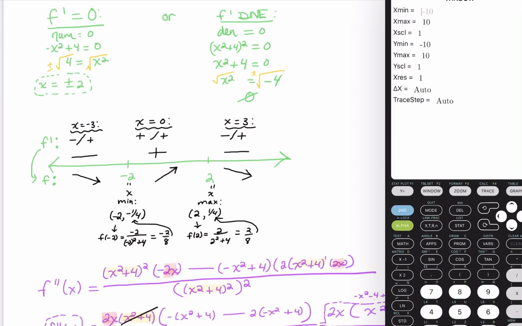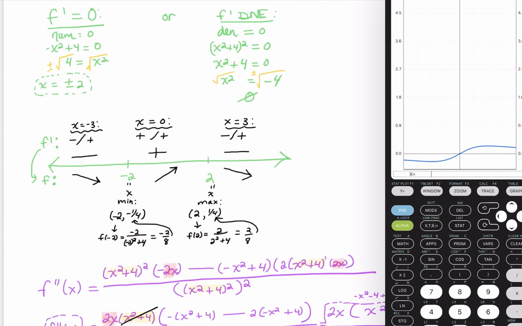Let's maybe just go from -4 to 4 on the x's. And then the y's, the max is at a fourth, so I'm going to go from -1/2 to 1/2. And let's take a look at that graph.